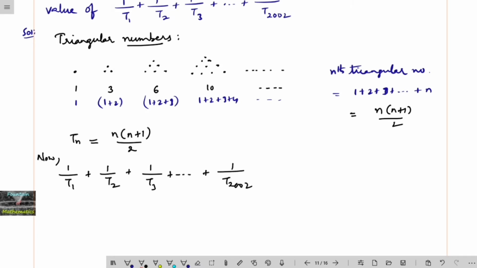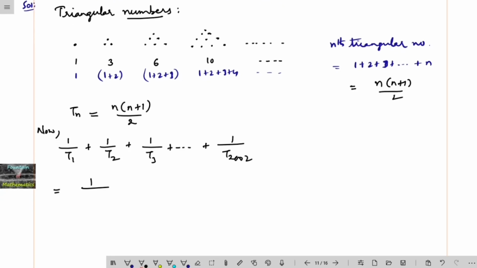We can write this as: 1 upon T1 is the sum of one natural number, that is 1 into 1 plus 1, 2 by 2, so you only get 1. And the next number, 1 upon T2, where T2 is 2 into 2 plus 1, 3, divided by 2. Let me write 2 by 2 in the numerator here, and likewise for the rest.